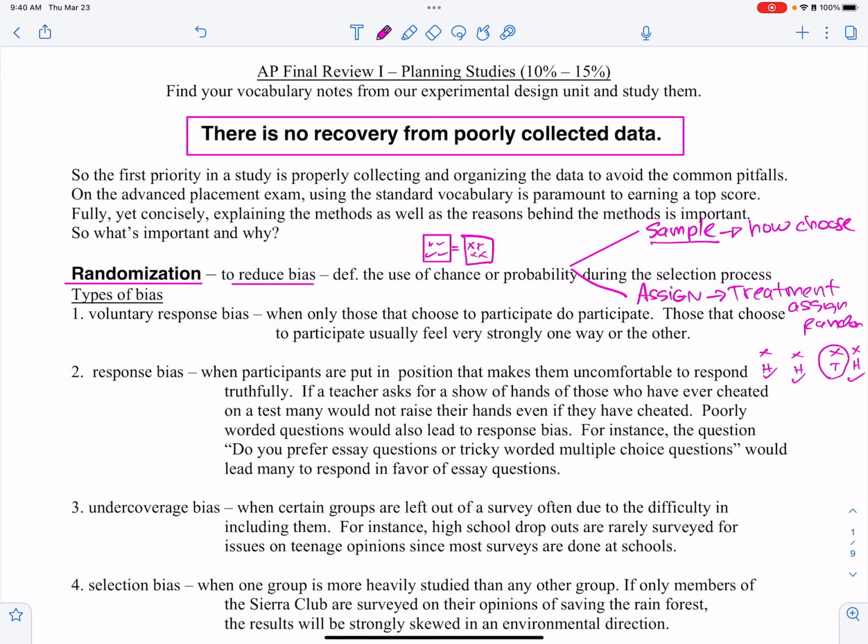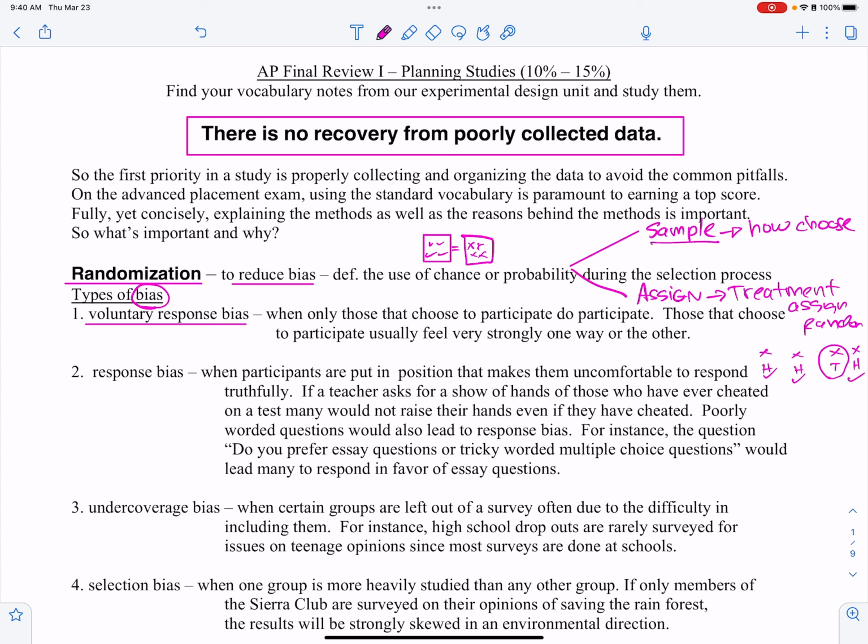All right, so I have types of bias. I've got volunteer response bias. The reason it causes bias is that I have volunteers and that's it, and I have not chosen my sample. People that volunteer typically have an emotional connection to the question, or there's a reason they want to respond.